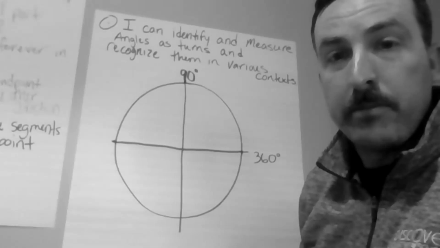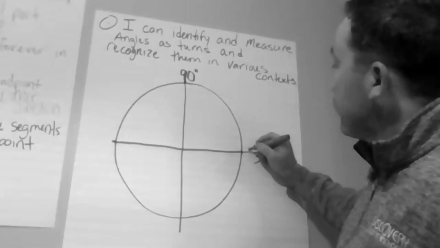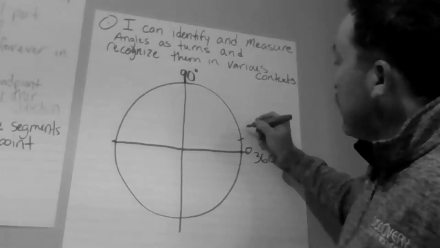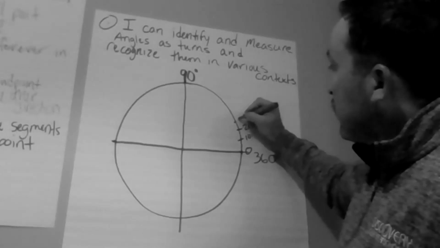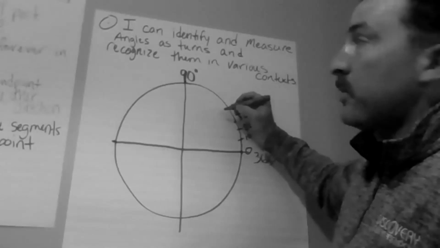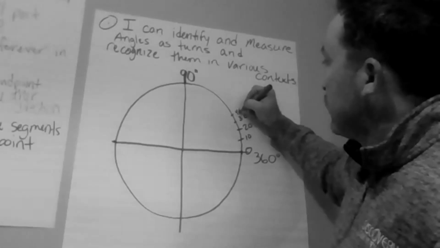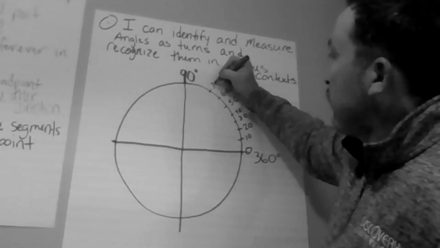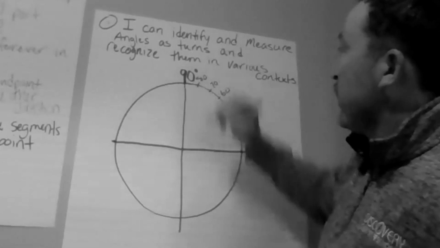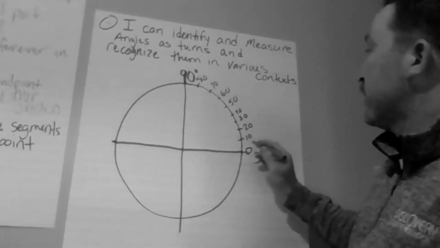You're on mute. Like we said, from here's 0, and we can count up by tens to get to 90. These are smaller benchmarks. We're looking for bigger benchmarks. 60, 70, 80, and 90. So there's 90 degrees from here.